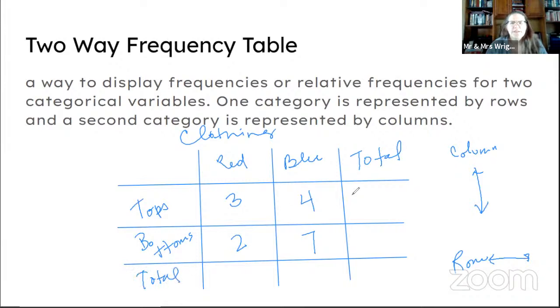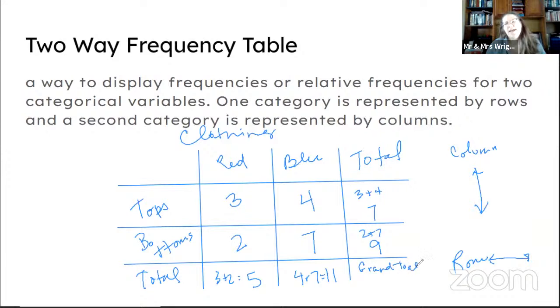So what you're gonna get is some subtotals here on the side. 3 plus 4 is gonna go here, which is 7. 2 plus 7 is gonna go here, which is 9. 3 plus 2, which is 5, and then 4 plus 7 is 11. Now, what do you think goes right here? Well, this is going to be the grand total.